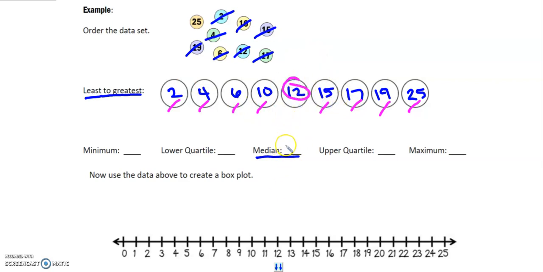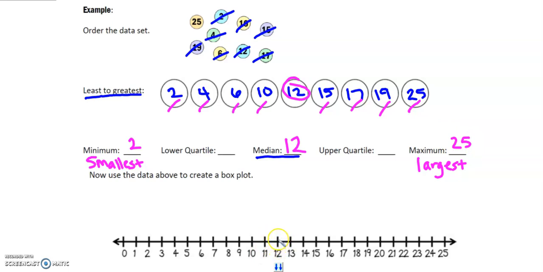So my middle number for this case, median, is 12. My minimum is my smallest number. So in this case, the smallest number is 2. Maximum is the largest number, and my largest number is 25.